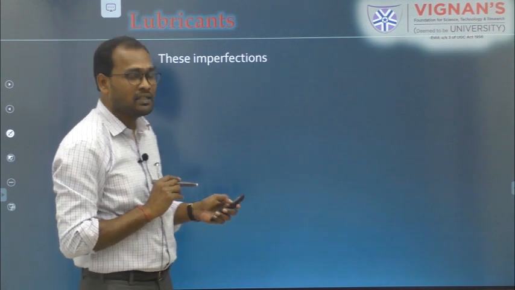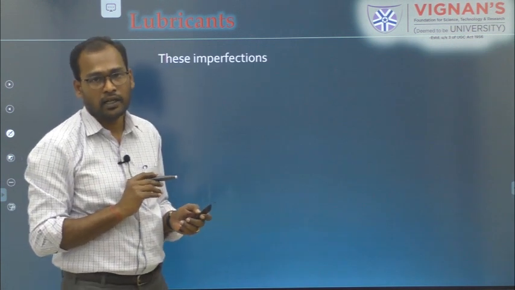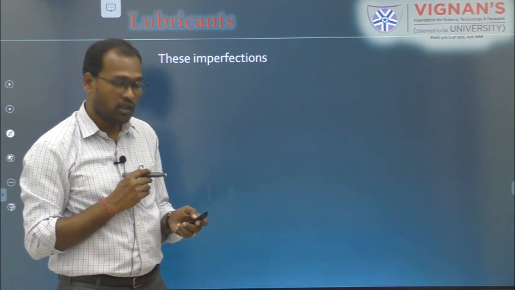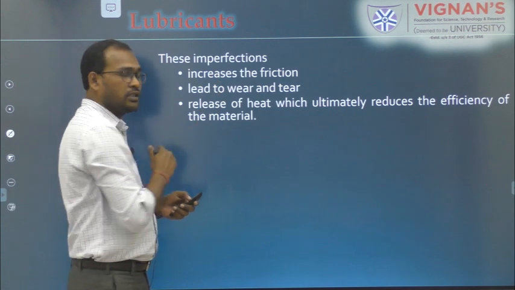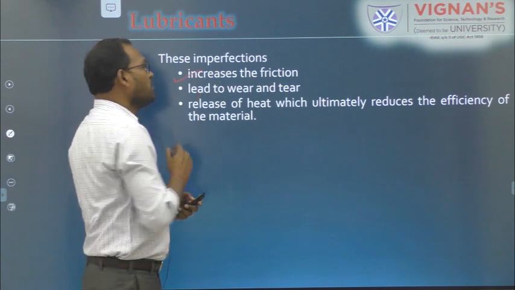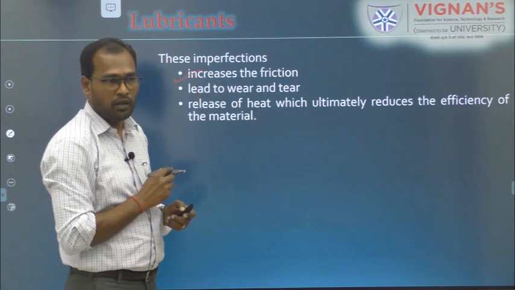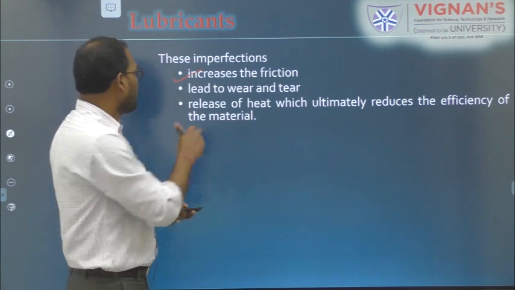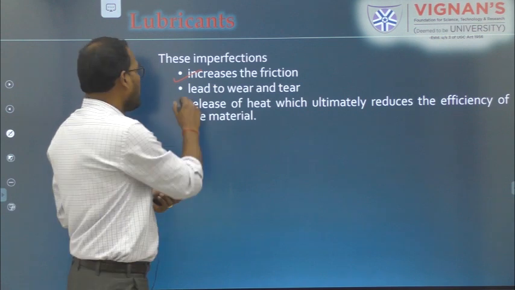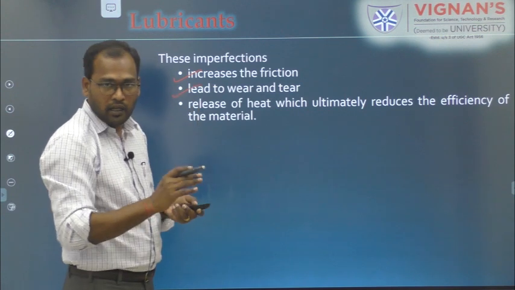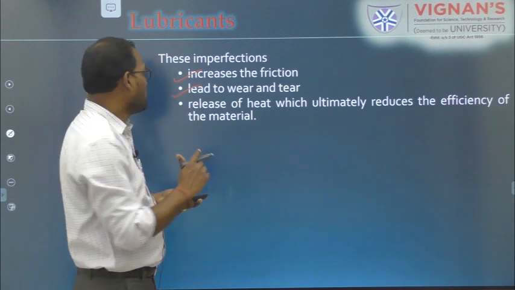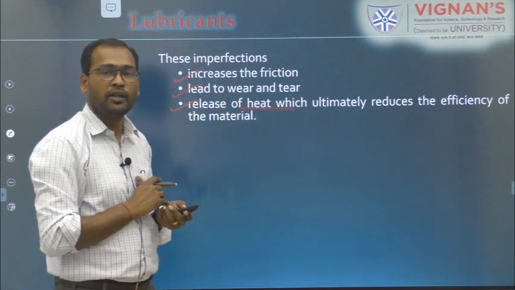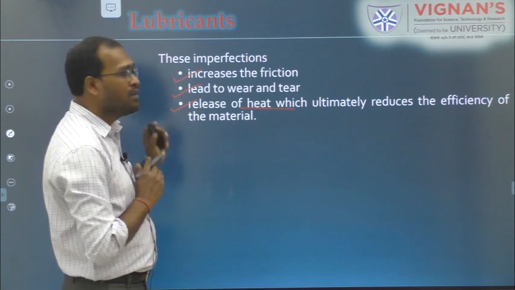And coming to this, these imperfections, as I summarized earlier for the consequences of friction, the same thing here also. These imperfections are going to increase the friction, because they stop the material from moving, so it increases the friction and leads to wear and tear. The material will be damaged on the surface, and it releases heat, which ultimately reduces the efficiency of the material, right?